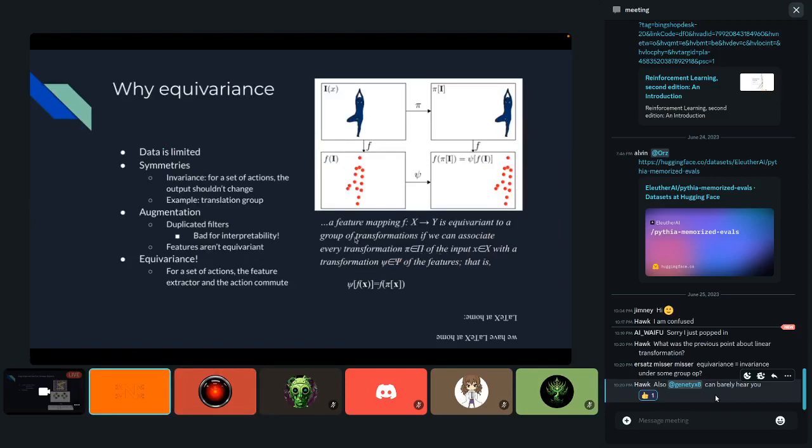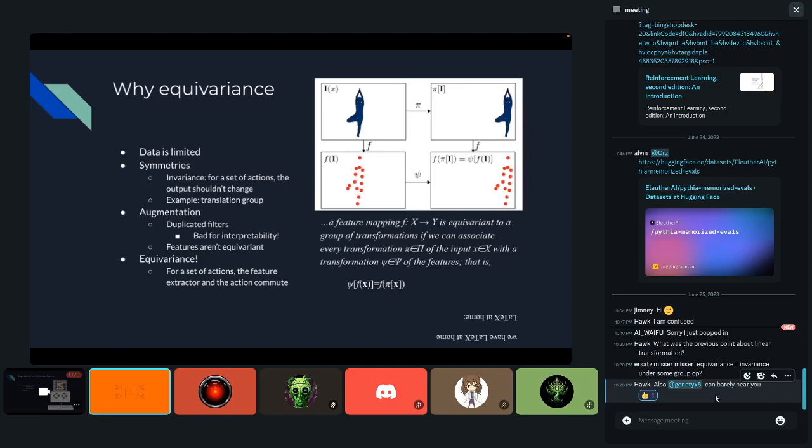And equivariance just means that for every input mapping, there is some output mapping such that you get the same result when you either apply the output mapping to the results of the function or the function to the results of the input mapping. So something like a 2D convolution is equivariant.